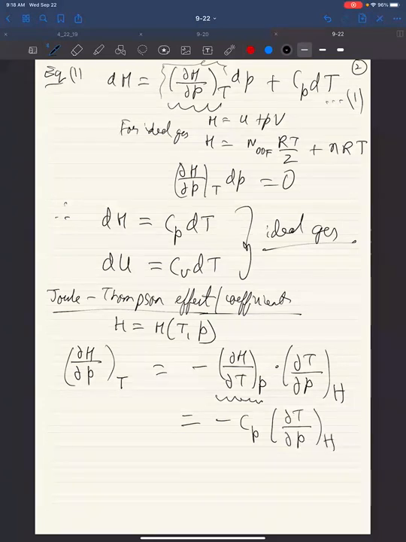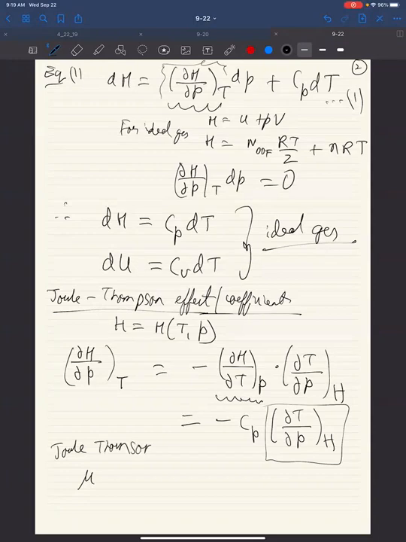But this one is even stranger. What does it mean to have a constant enthalpy process? Really, really strange, right? So it is this strange looking partial derivative that Joule and Thomson called the Joule-Thomson coefficient. It has the symbol mu. I don't know if Thomson has a P or not.